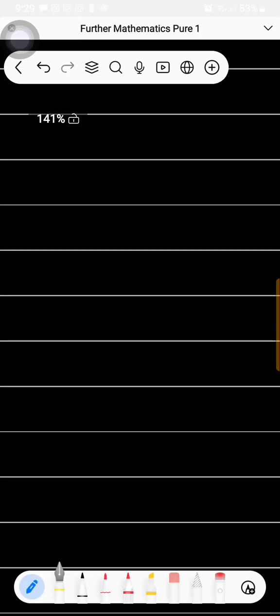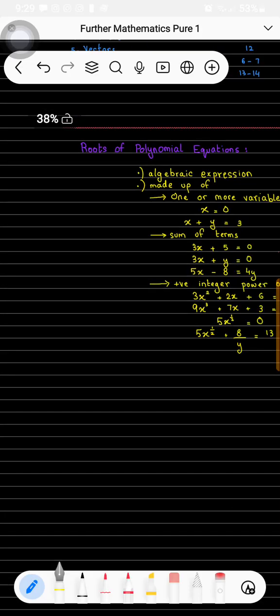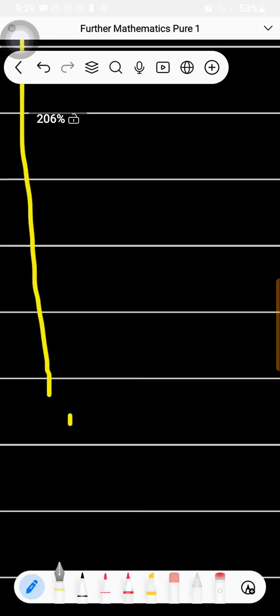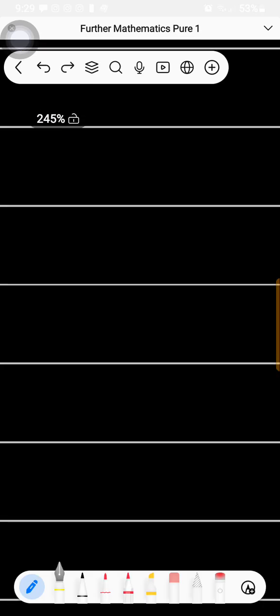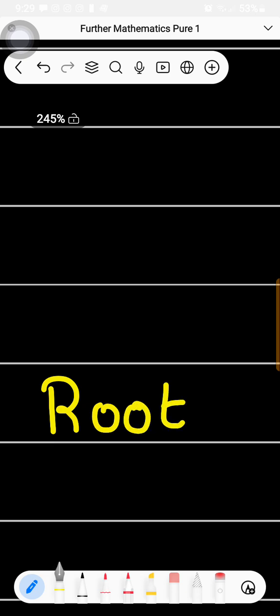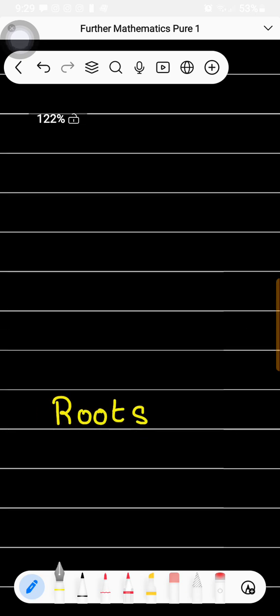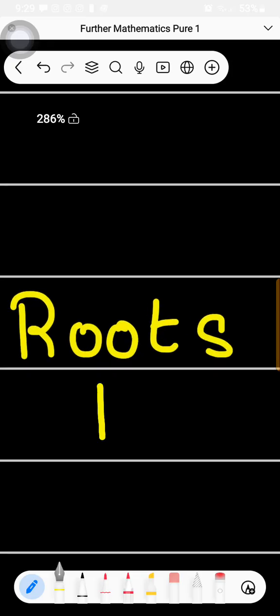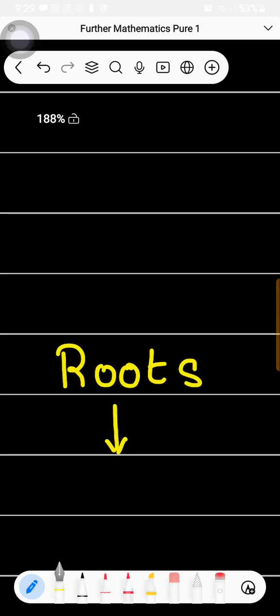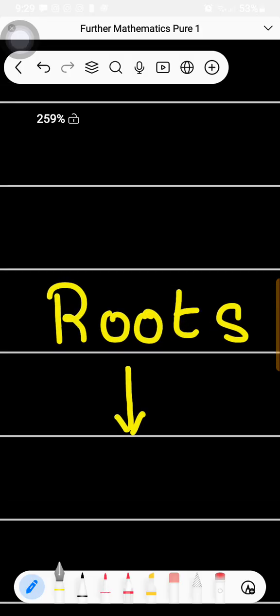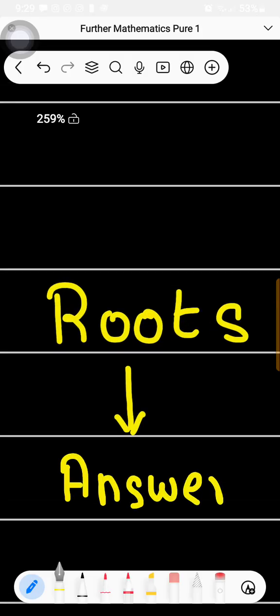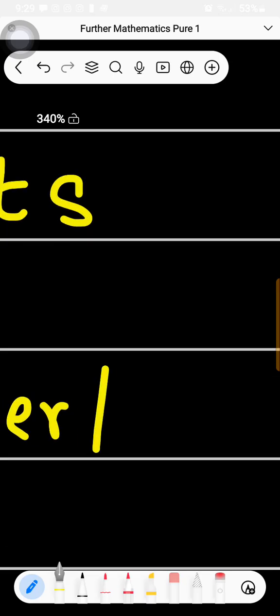Roots. What are roots? Basically, roots are the answer or solution.